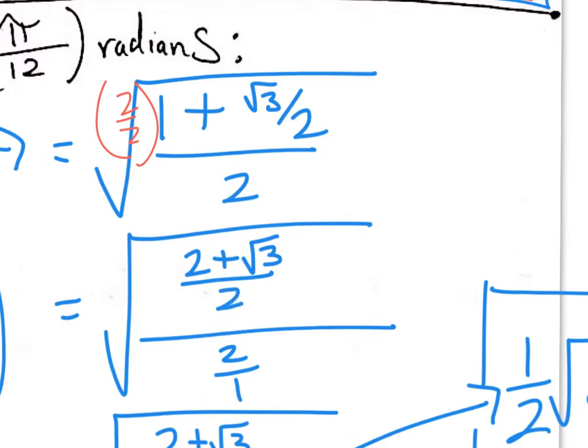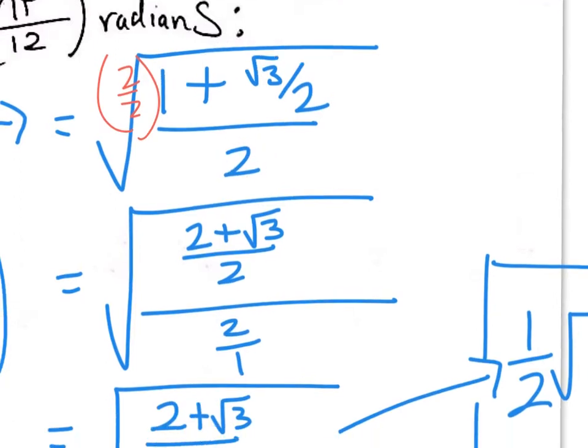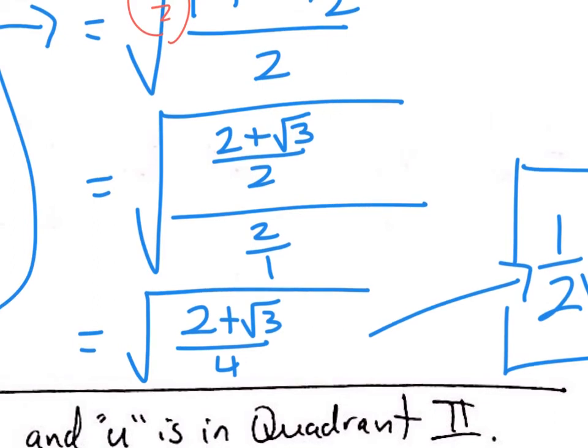And the 2 down below we think of as 2 over 1. And dividing by a fraction is the same as multiplying by the reciprocal. So this turns into that, which is where we get the 4 and the 2 plus root 3 up top.